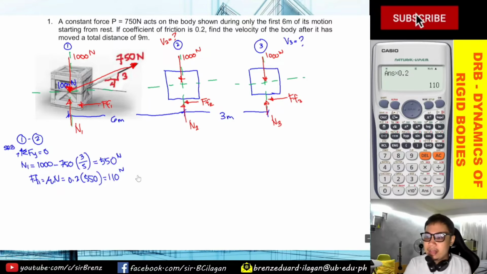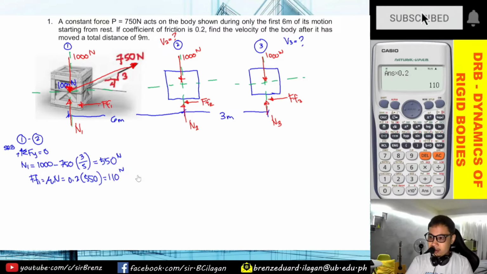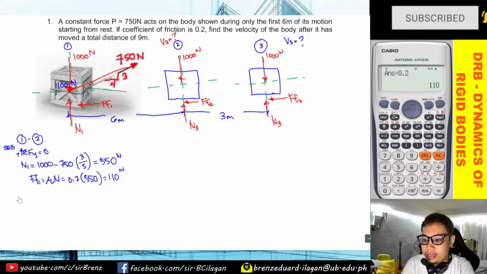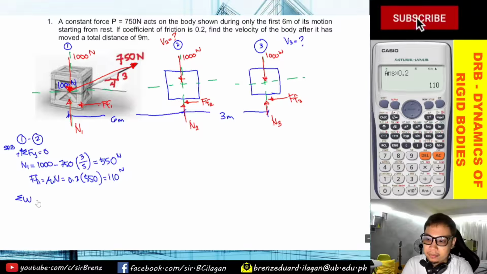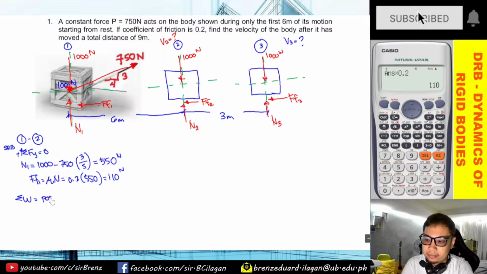So, since we have now all the force, we can now proceed with the DRB part, or for this, yung work energy equation. Okay, so yung summation ng work is equal sa positive work minus negative work.